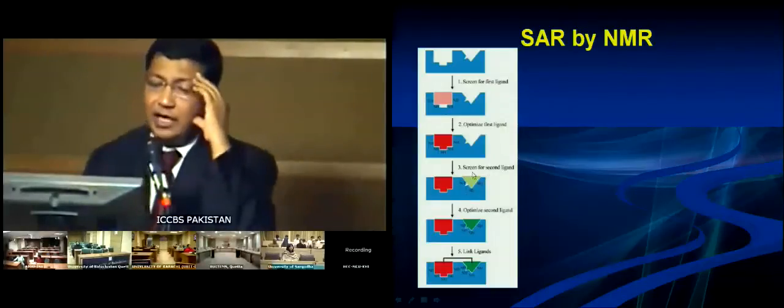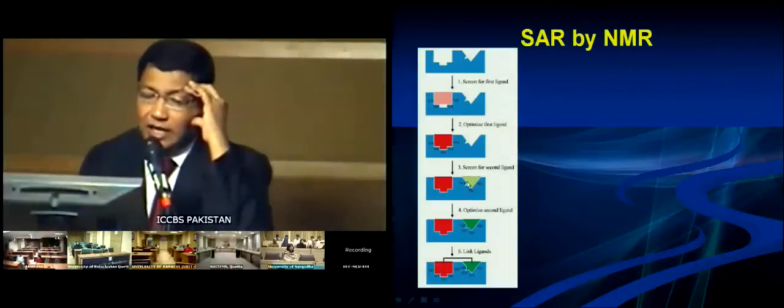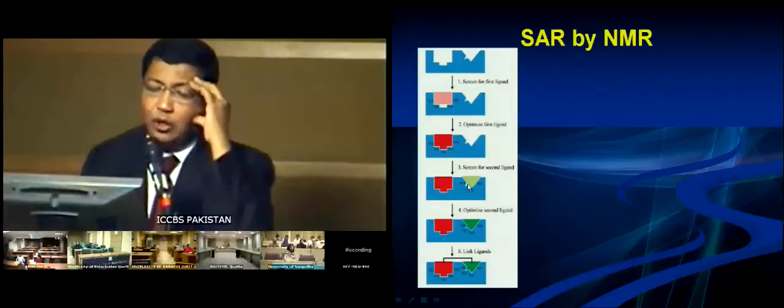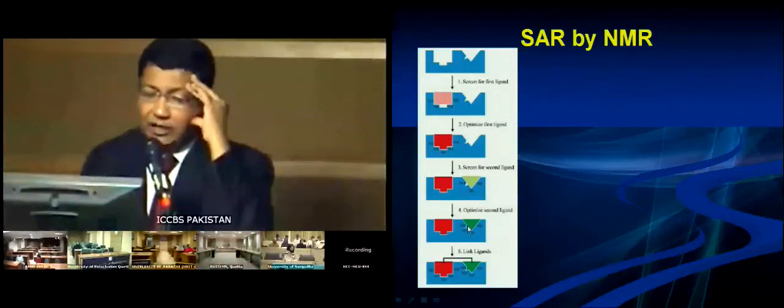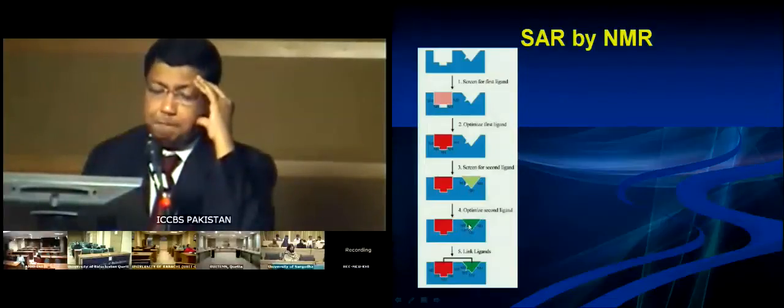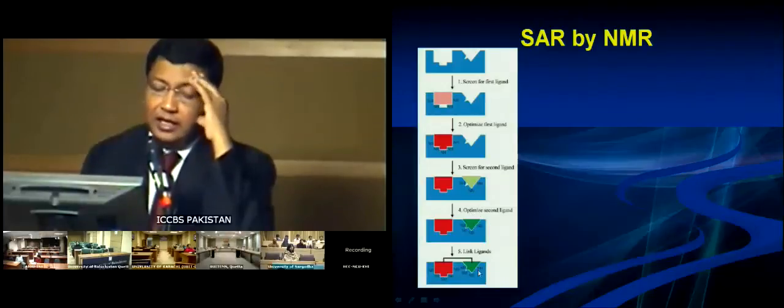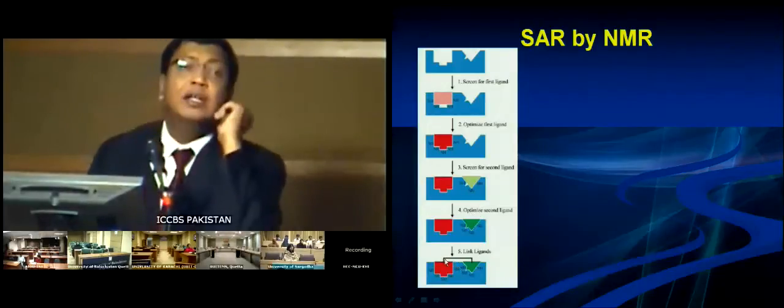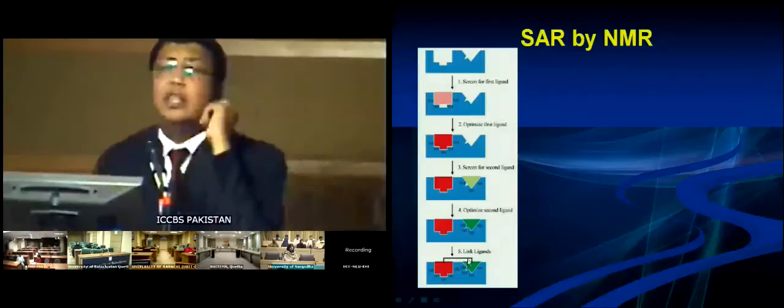For instance, you have a second ligand and you discover that this ligand needs to be optimized, which means you further grow it by linking. Then you optimize the second ligand, and now these ligands are linked together. They are called tethers.